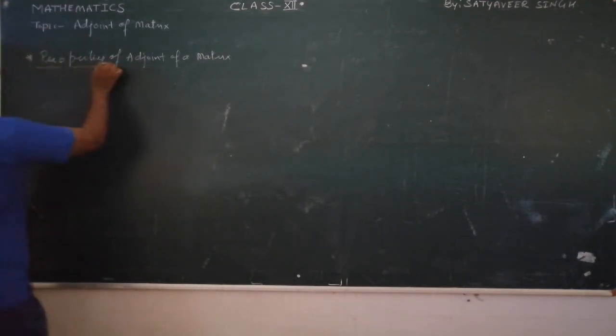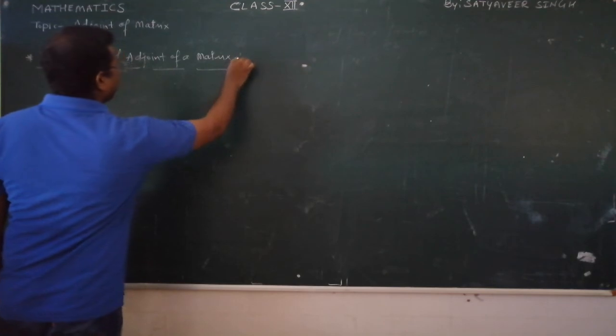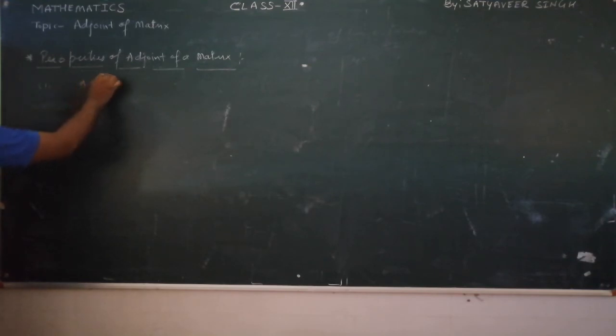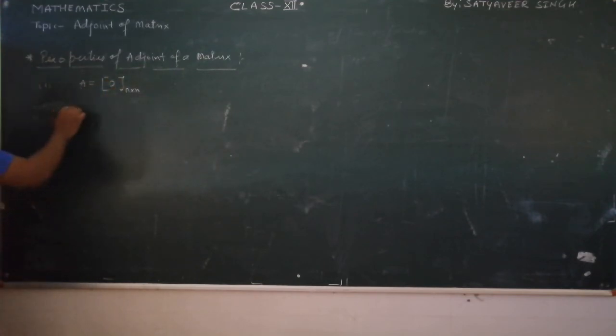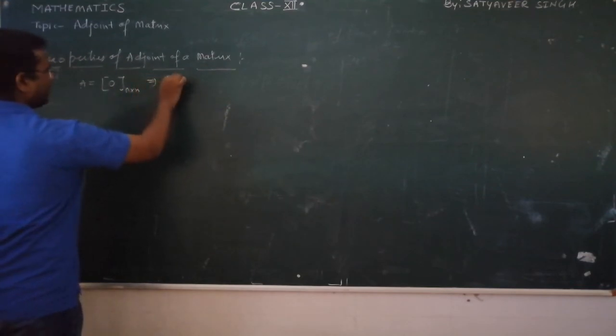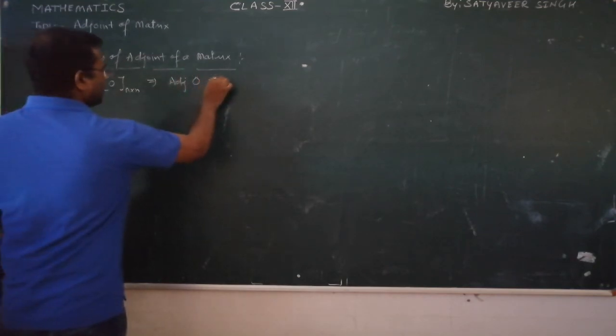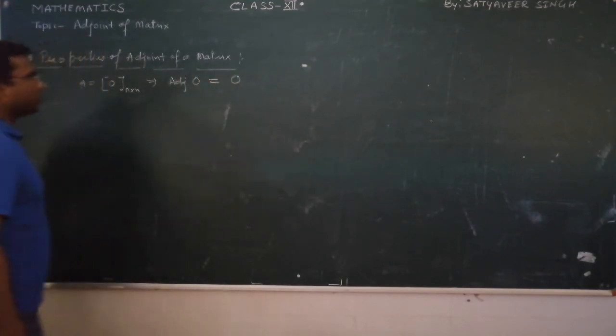Properties of adjoint of a matrix we can discuss. Number 1, if we have a null matrix, suppose matrix A is matrix O, n by n, then adjoint of matrix O is also matrix O, null matrix.